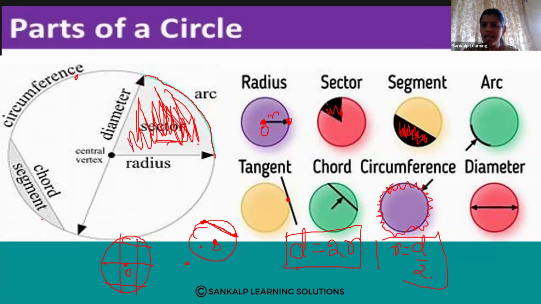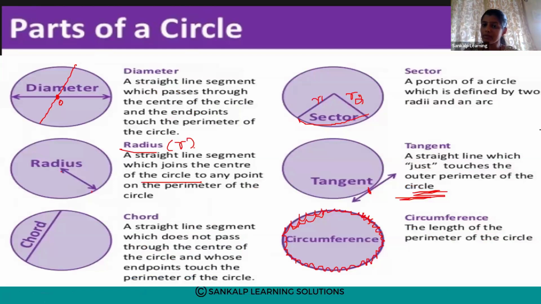We already discussed this yesterday. A sector is the portion of a circle which is defined by two radii and an arc.